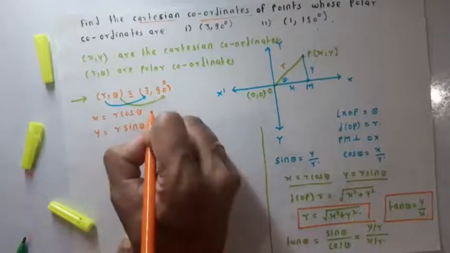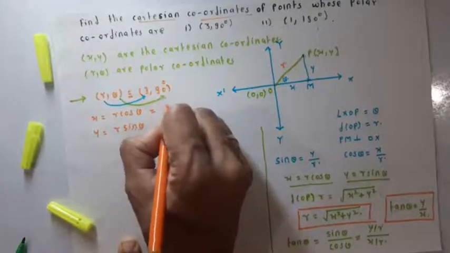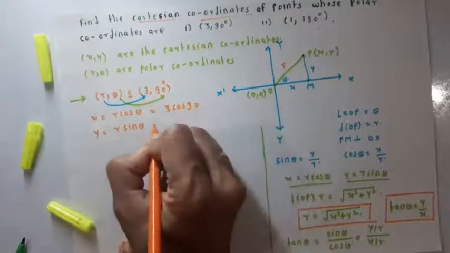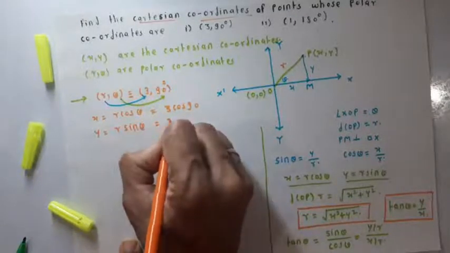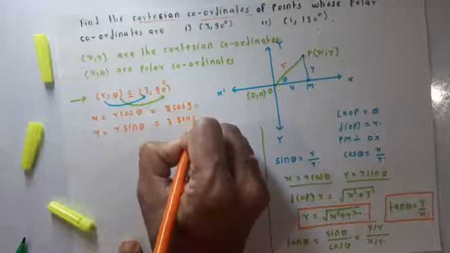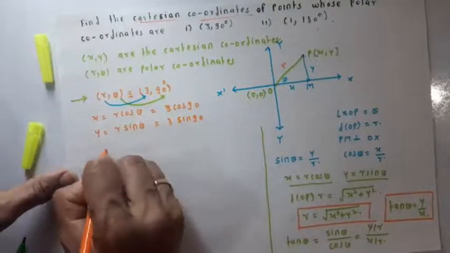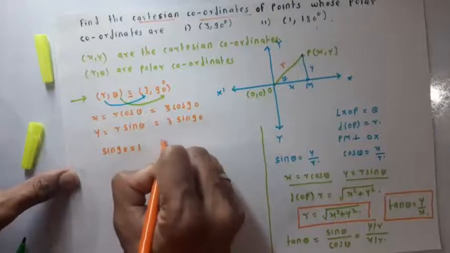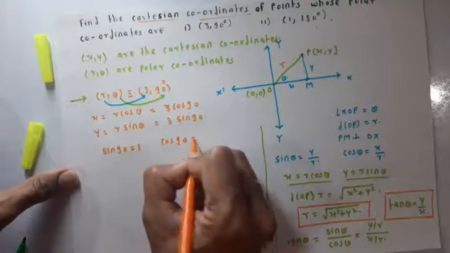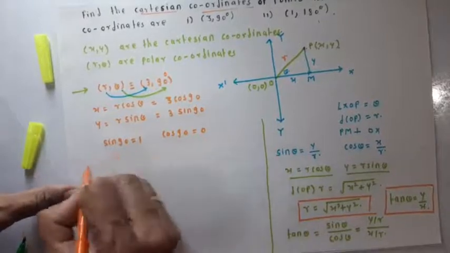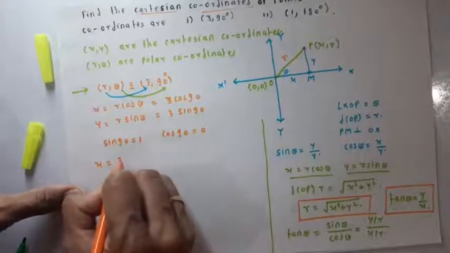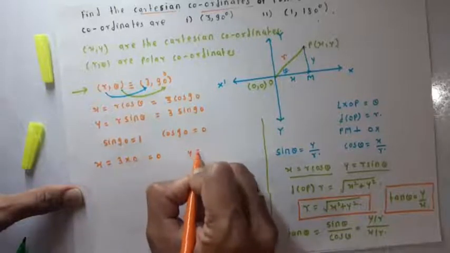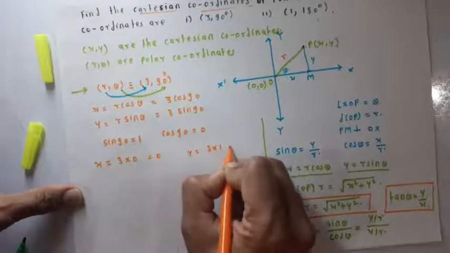So this implies x equals 3 cos 90 and y equals 3 sin 90. The value of sin 90 is 1 and the value of cos 90 is 0, that we know. Therefore x equals 3 into 0, that is 0, and y equals 3 into 1, that is 3.